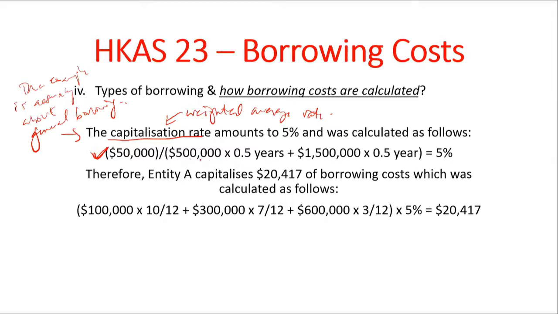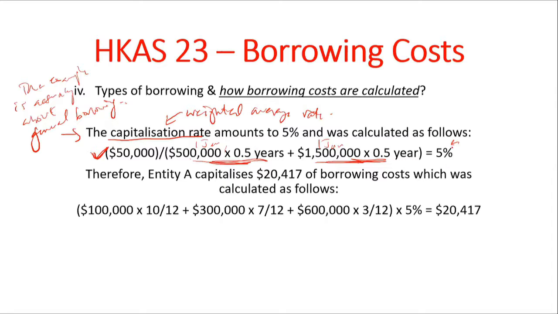The company had 500,000 for half of the year, and then 1.5 million for another half of the year, which gives you a weighted average rate of 5%. So this holding was at 1st June, and this was at 1st Jan. If you just look at my previous slide, if you go back in the video, you will see that. So you would take into account the time component as well. Timing is really important in financial accounting exams or financial reporting exams.